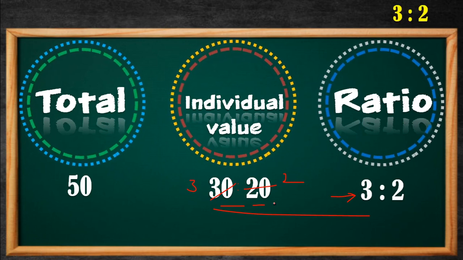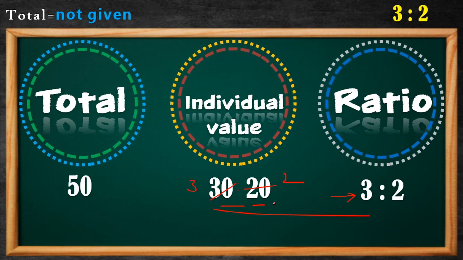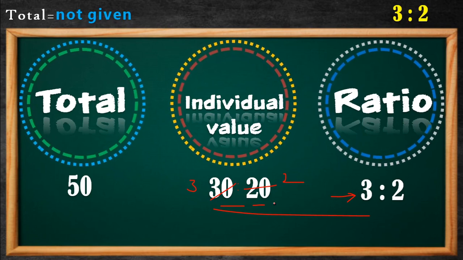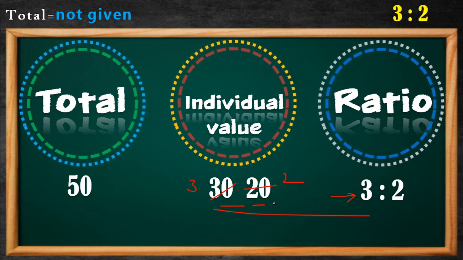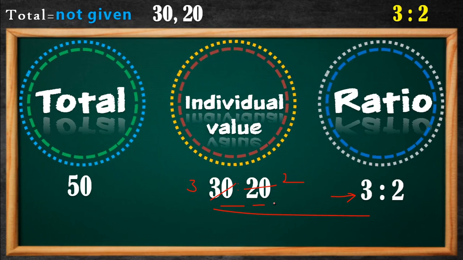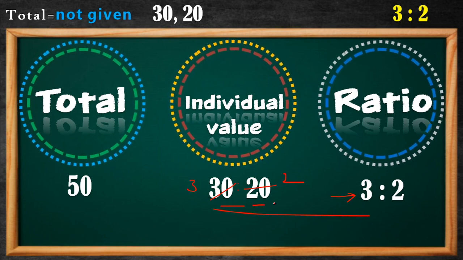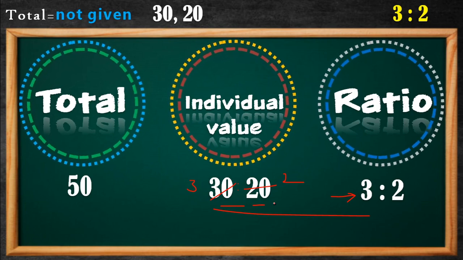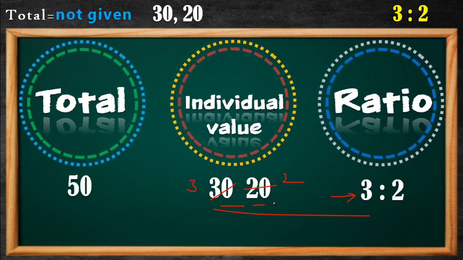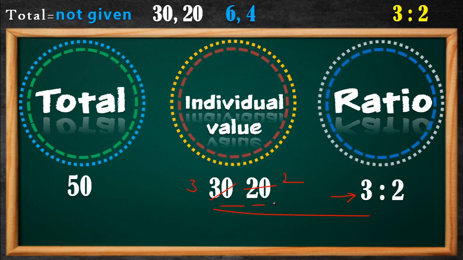Another case: I'm taking the same ratio, 3:2, but this time the total is not given, unknown. Now how to find the individual values? We cannot say 30 and 20 are the exact numbers, because there is no other information given. There could be other numbers also, like 6 and 4.